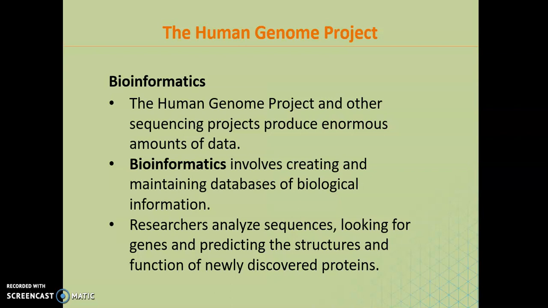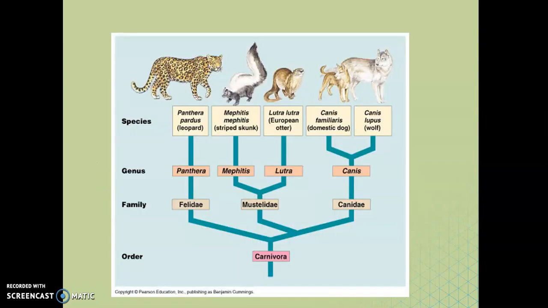By comparing different sequences between individuals or organisms, we are able to create what we call a tree, or relate certain individuals together, like here. In this figure, we can find that all of them are considered carnivores.